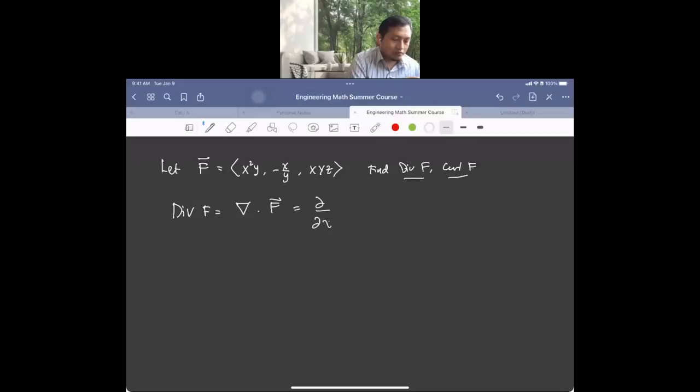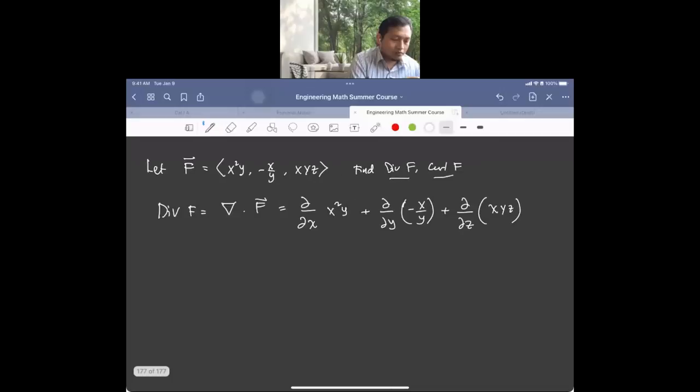So the partial with respect to x of x squared y, plus the partial with respect to y of negative x over y, plus the partial with respect to z of xyz.